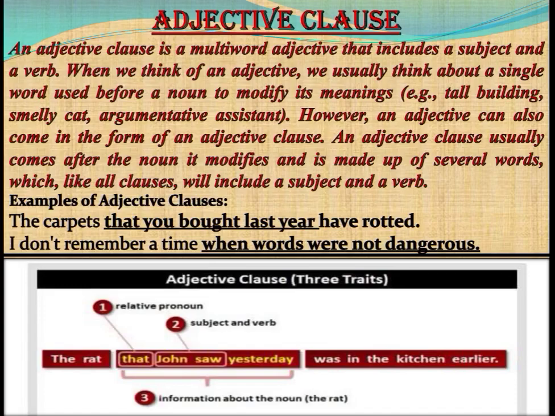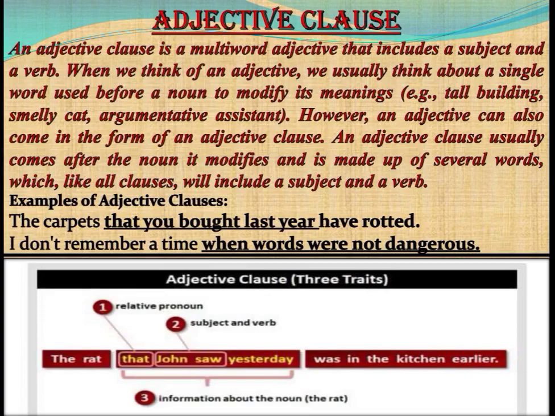Okay, generally adjective clause starts with which, where, what, that, etc. We will have to see that antecedent is there or not. I repeat, antecedent is a word which comes just before the subordinating conjunction. Okay, the noun or the pronoun which comes just before the subordinating conjunction is known as antecedent.